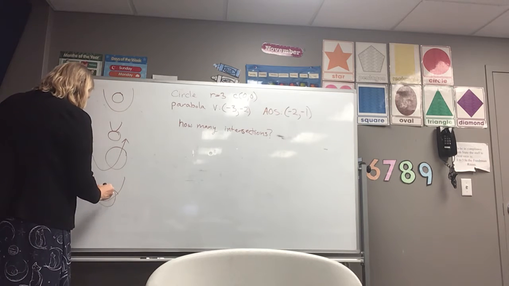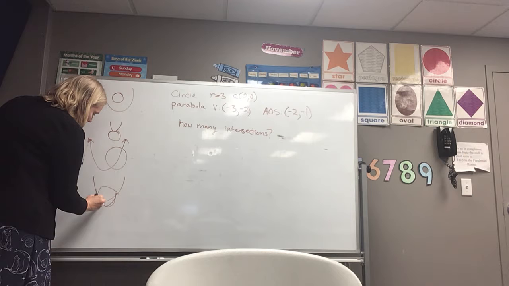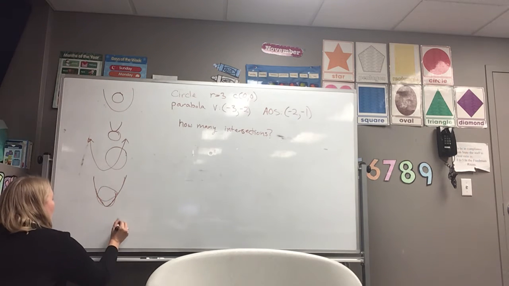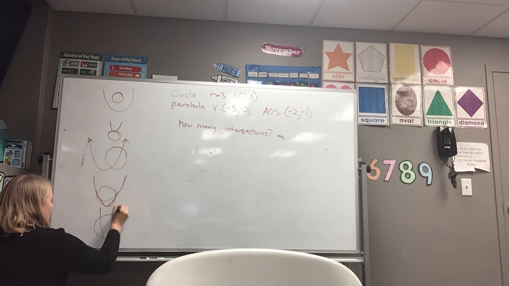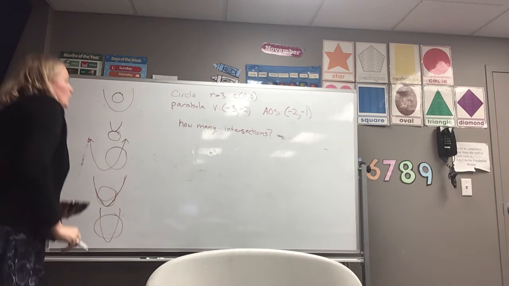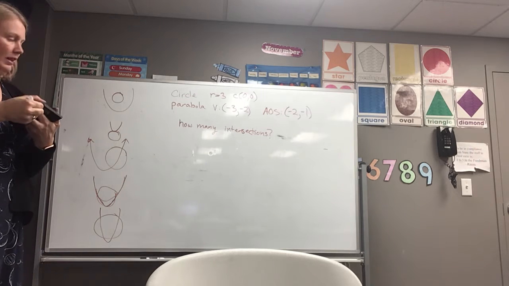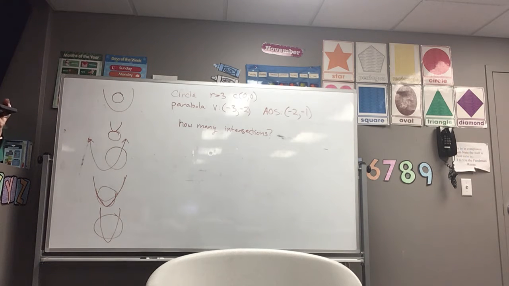Yeah, that's bad drawing. But if it went tangent at the bottom, we could do 3. And then the most we could do would be 4. So, given this setup, give yourself a sketch, do what you can, but how many times will the circle and the parabola intersect?